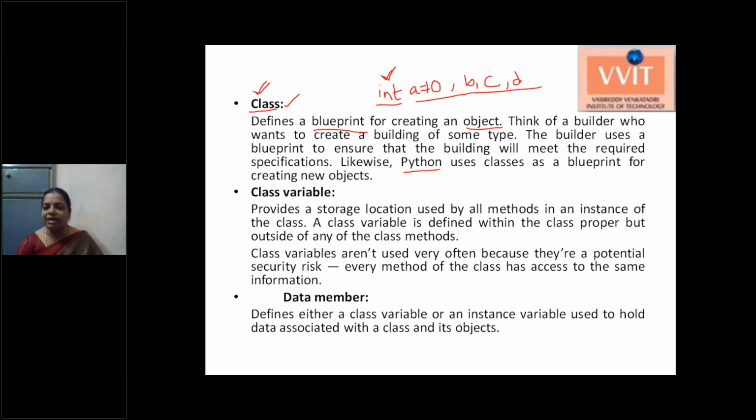Those are all classes. For those classes we are creating variables, so we are creating objects. In the same way, we can also create our user-defined class and store our user-defined data in the classes.